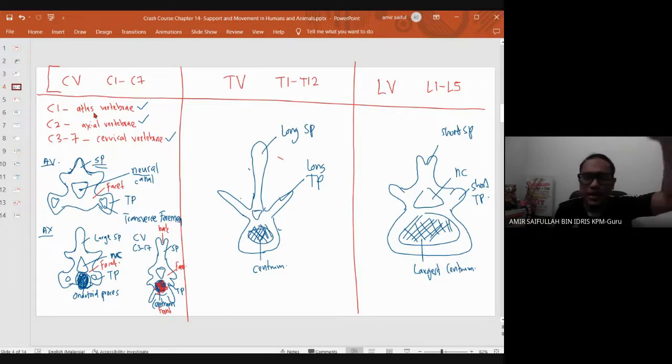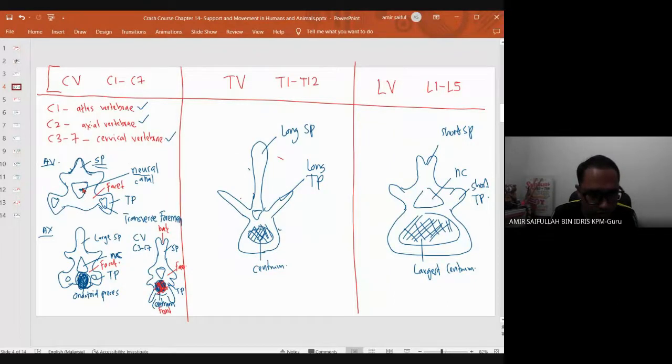The paling atas punya vertebrae, C1. C2 nama dia axial vertebrae. Axial maksudnya tengah-tengah. And C3 to C7 are all the cervical vertebrae. Okay? So yang paling atas nama dia Atlas vertebrae, axial vertebrae, and then bawah C3 to C7 are cervical vertebrae.